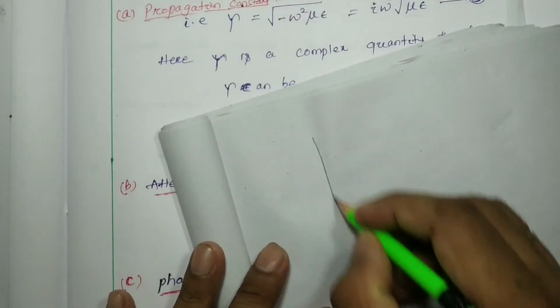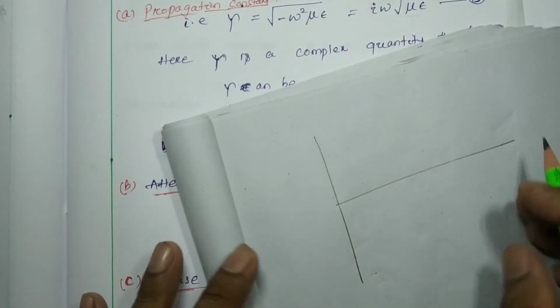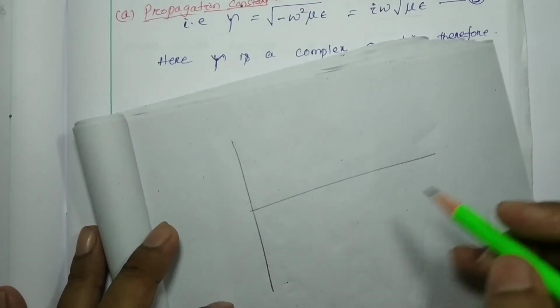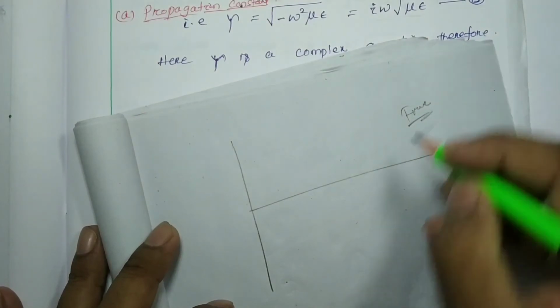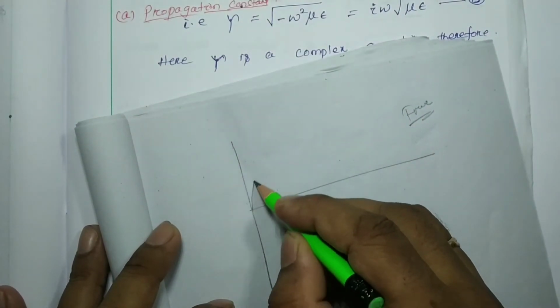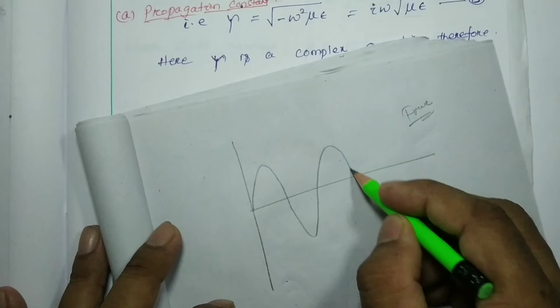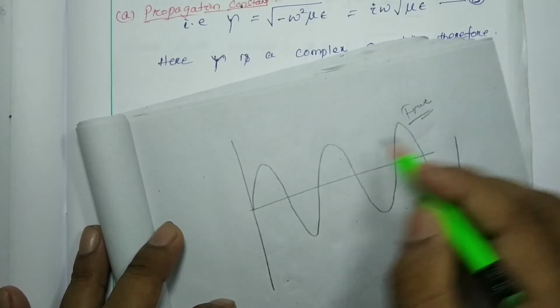Suppose this is free space. Here the electromagnetic wave moves without any decrease of amplitude, because there is no resistance, no restriction.